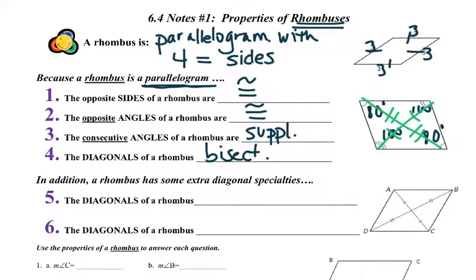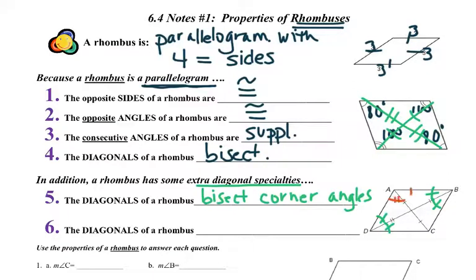But because a rhombus is special, it has some extra special properties. 2 of them actually. The diagonals of a rhombus bisect the corner angles. So what that means is that these 2 little guys are equal and those 2 little guys are equal.